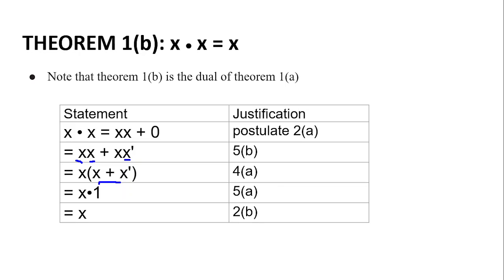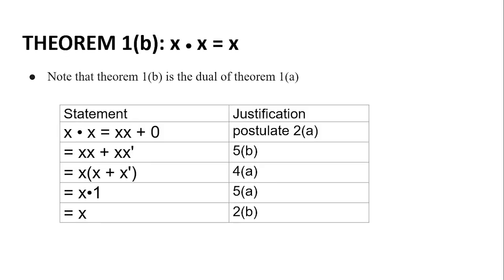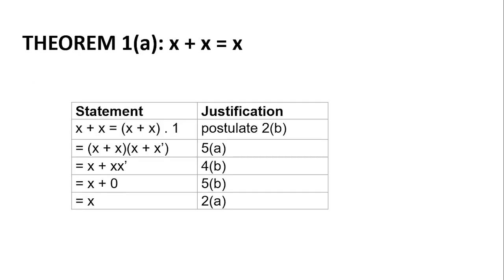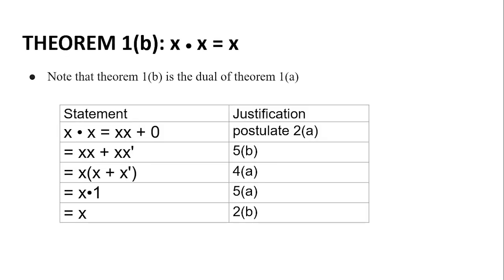Now what is x plus x bar? We know very well, x plus x bar happens to be 1. So you just replace it with 1. And x dot 1 is x itself, from postulate number 2b. So you started with x plus x dot x, and that is equal to x.